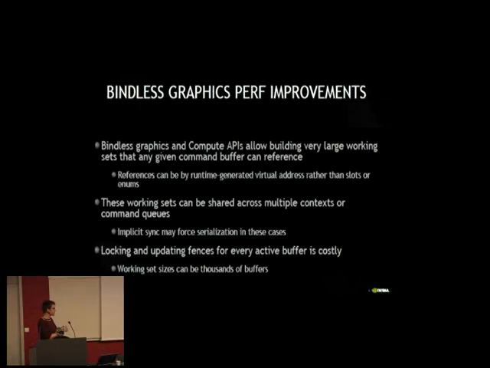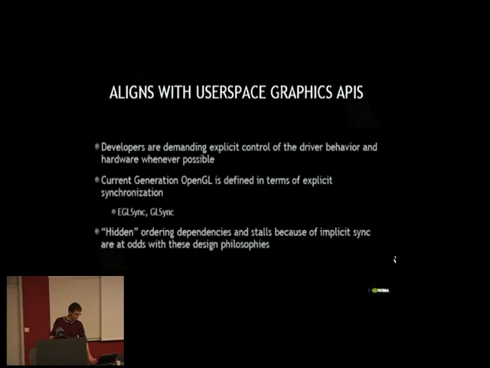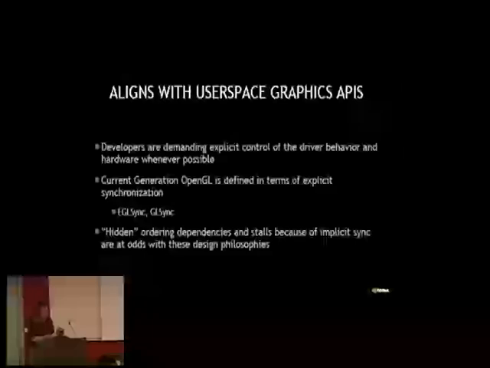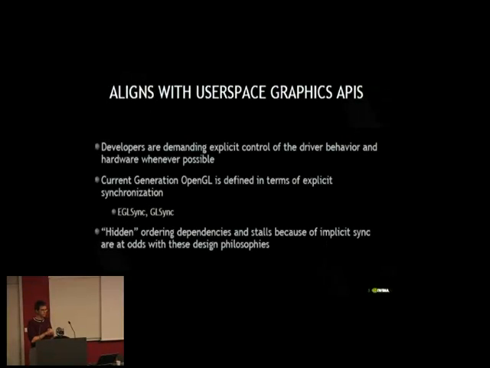Because these working sets are so big, we don't really want to loop through all the buffers every time we submit work. So, right, developers are demanding explicit control over the driver behavior and hardware whenever possible. For example, the Khronos next generation OpenGL initiative lists explicit control as its key design principle.